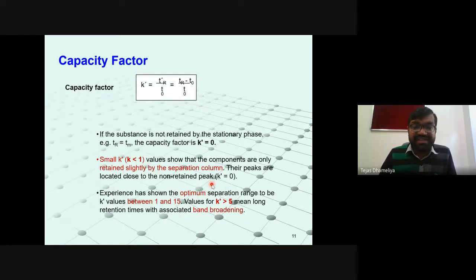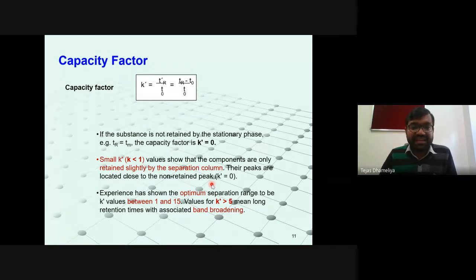Capacity factor, if it is 0, means the substance is not retained by the stationary phase. In that case, retention time is equal to T0, so the capacity factor will become 0.